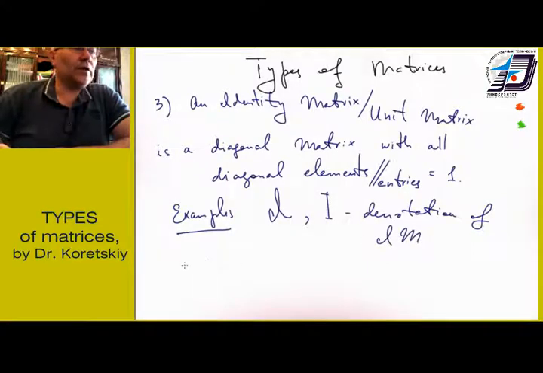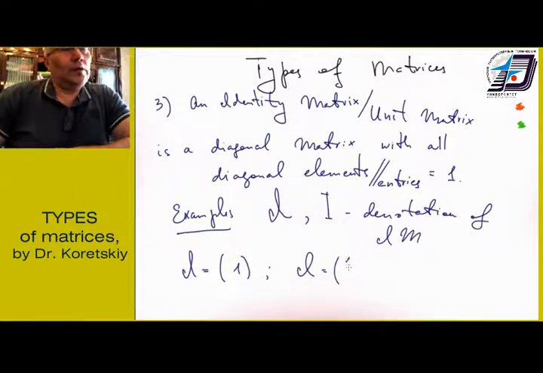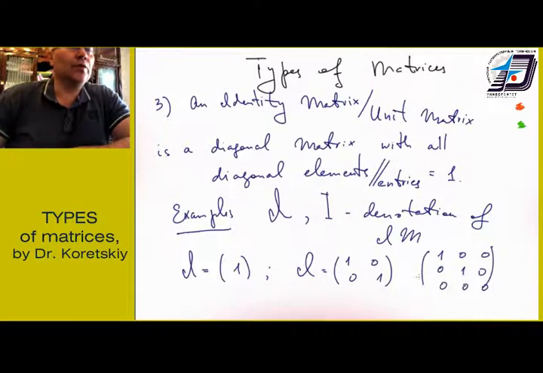1 is an identity matrix. Another example: 1, 0, 0, 1. And this matrix, for example, next one: 1, 0, 0, 0, 1, 0, 0, 0, and, for example, 0. This matrix is not an identity matrix because this element is 0.